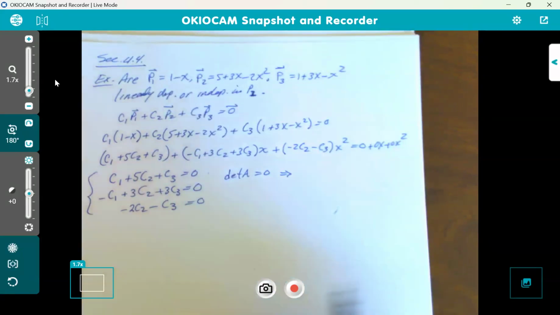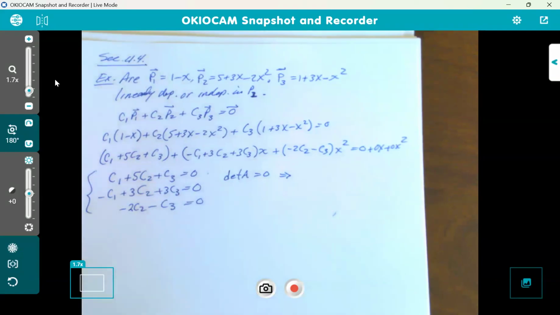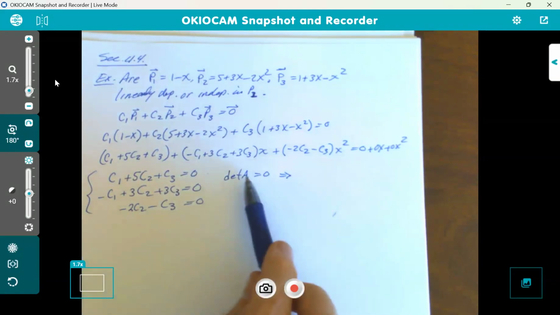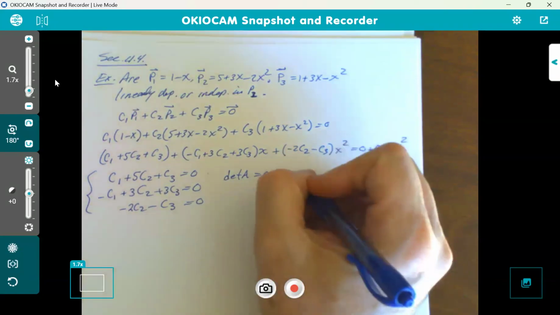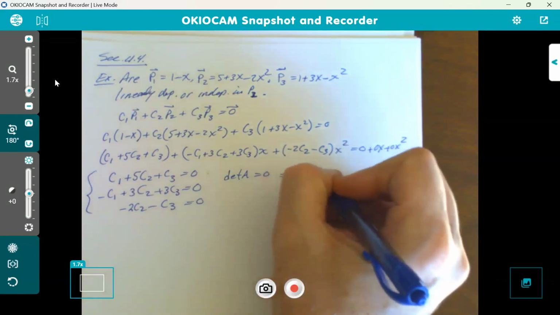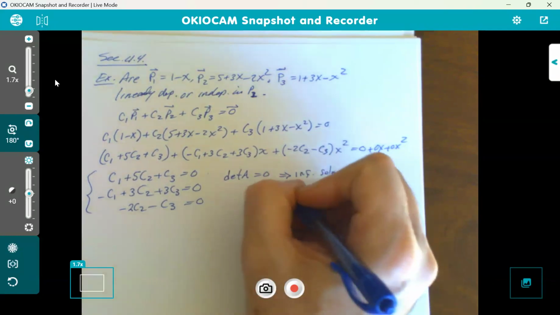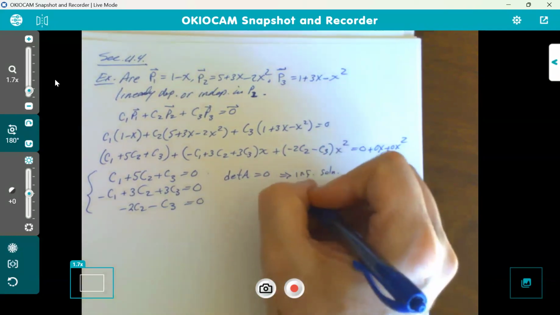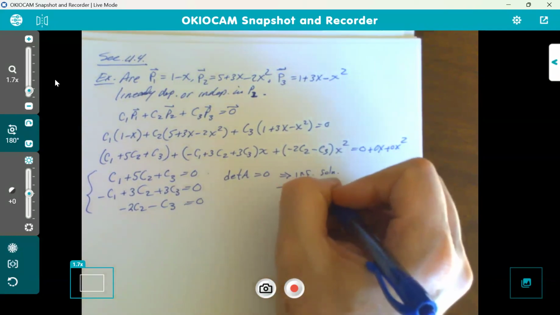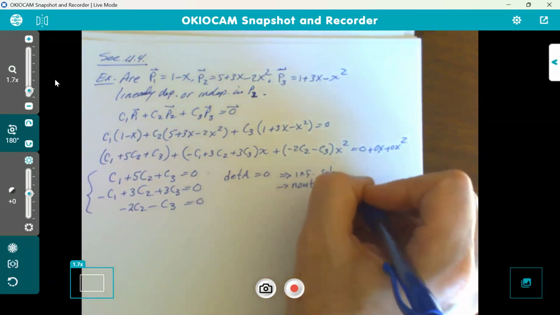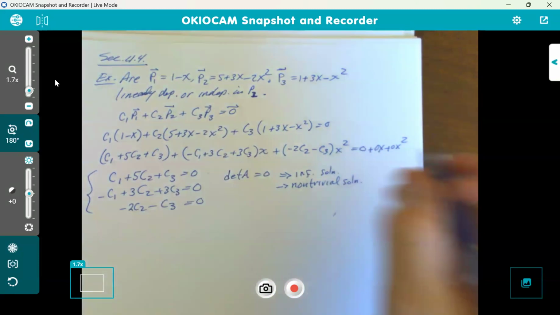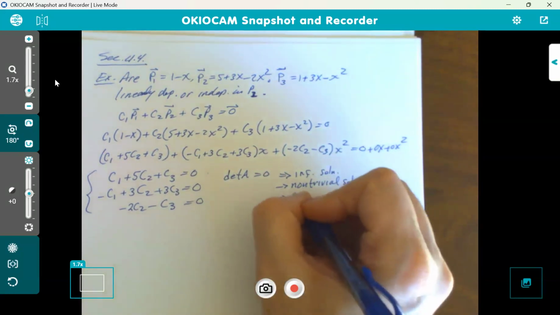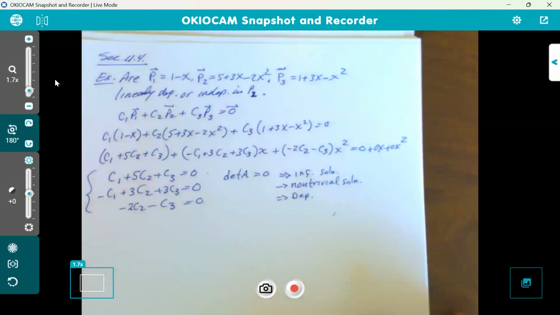The other aspect of determinant 0 is that it has infinite solutions, and infinite solutions means that the system has non-trivial solutions. In other words, 0, 0, 0 is not the only way this could be 0, and therefore it is a dependent system.